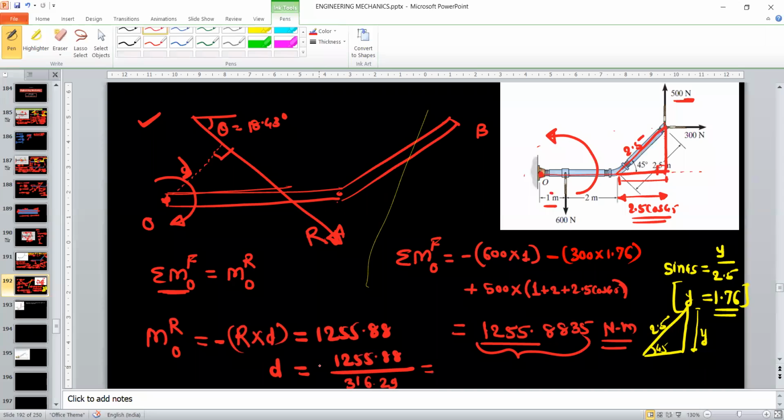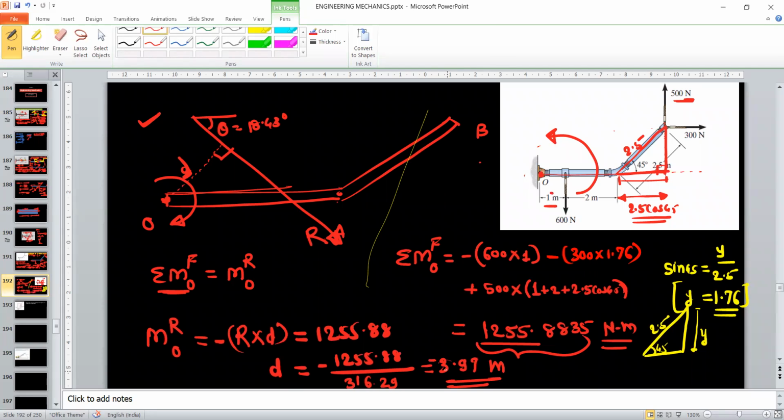Okay, so this distance will be negative because the summation of moment we get as a positive value, 1255. So this value will be equal to 3.97 meter. Okay, and this is a negative value, minus 3.97 meter.